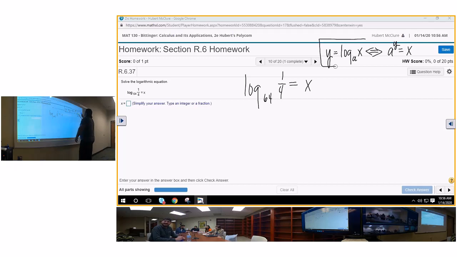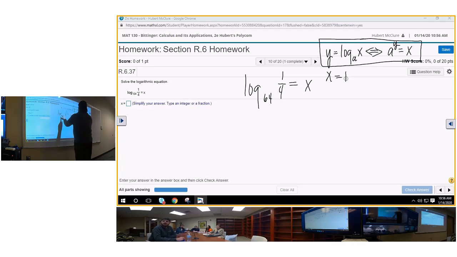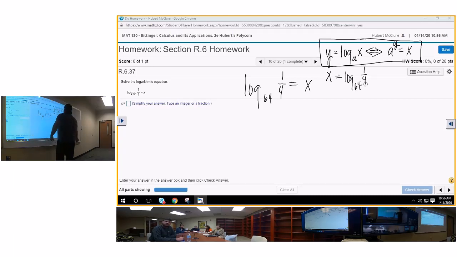All right, there is the definition of a what? Of a logarithm. So somebody tell me which form, or what form? We've got the left side, right? So I'm going to rewrite mine like this. That'd be x is equal to log base 64 of 1/4.